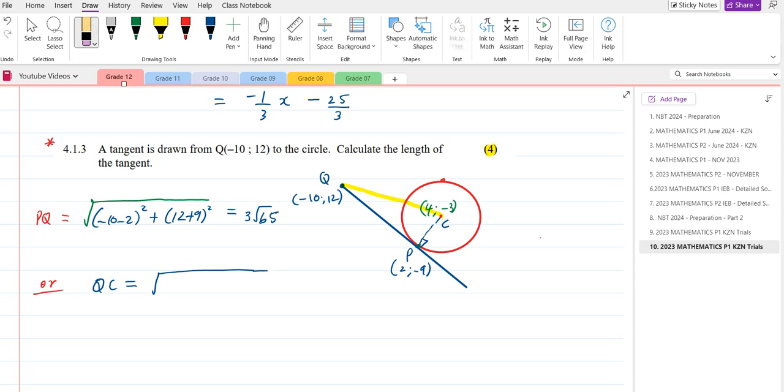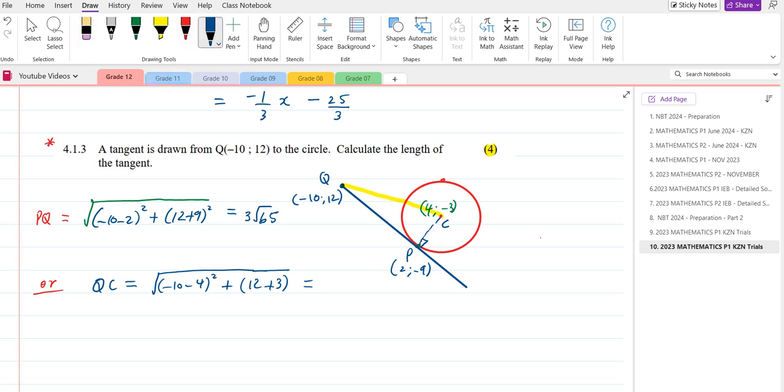we're trying to get the hypotenuse, right? So Q to C is minus 10 minus 4 plus minus 10 minus 4, right? And 12 minus minus 3, so 12 plus 3, which is the square root of, I don't know what this answer is, let's check.